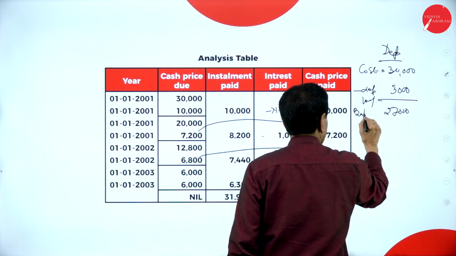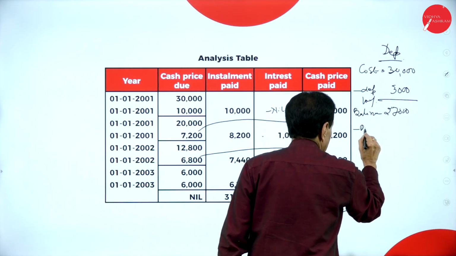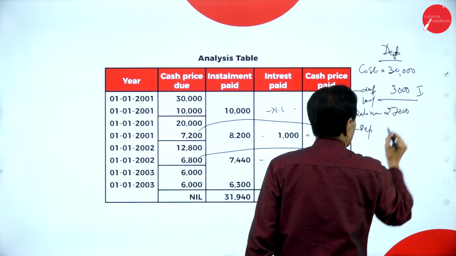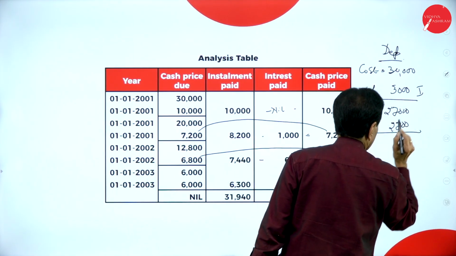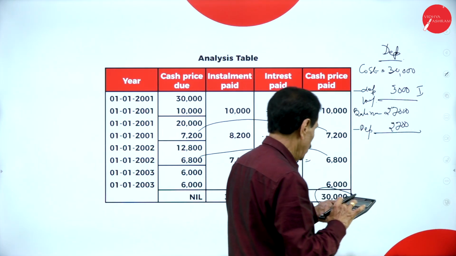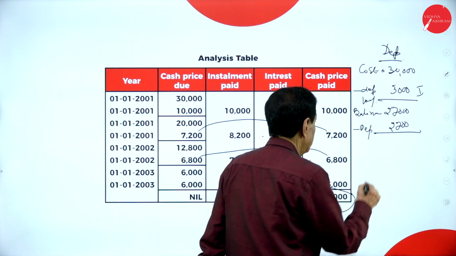Balance, minus depreciation. This is for first year. 2,700. Deduct, 27,000 minus 2,700, 24,300.